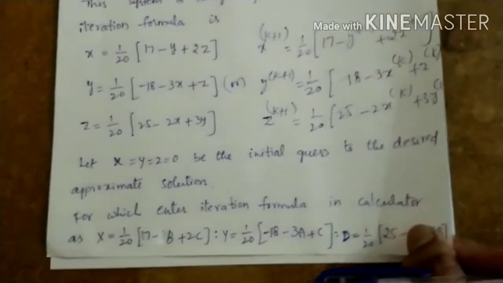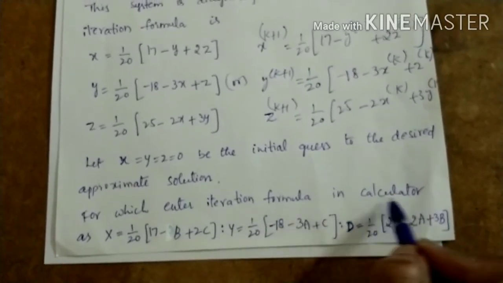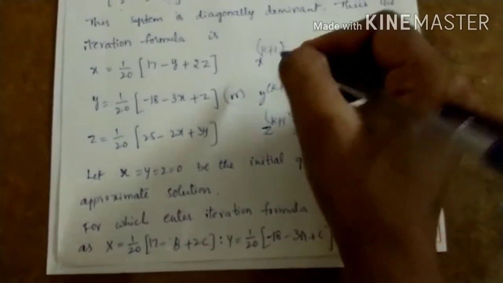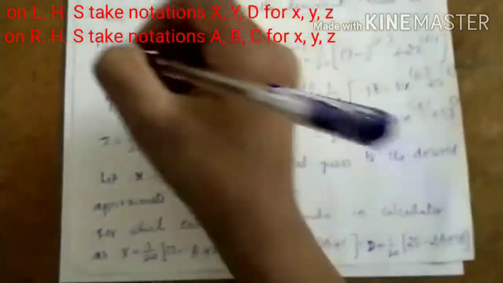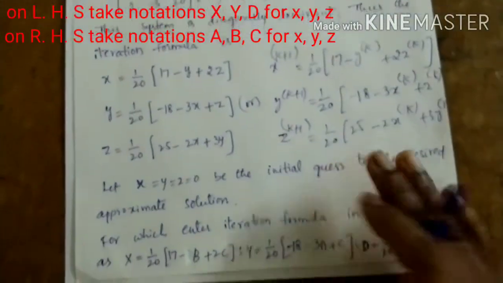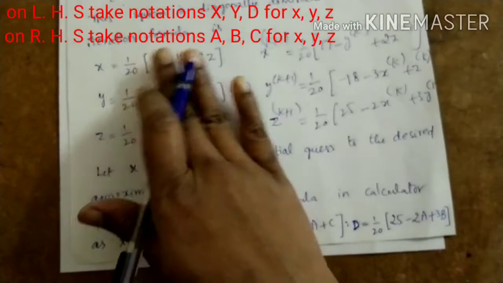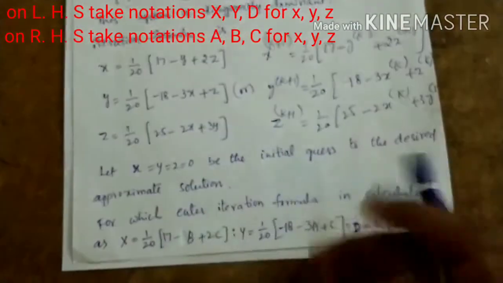Now to generate successive iterations, we need to enter the iteration formula in the calculator. We are going to use the notations capital X, capital Y, capital D for the variables on the left hand side, and for the right hand side we use different variables from these.